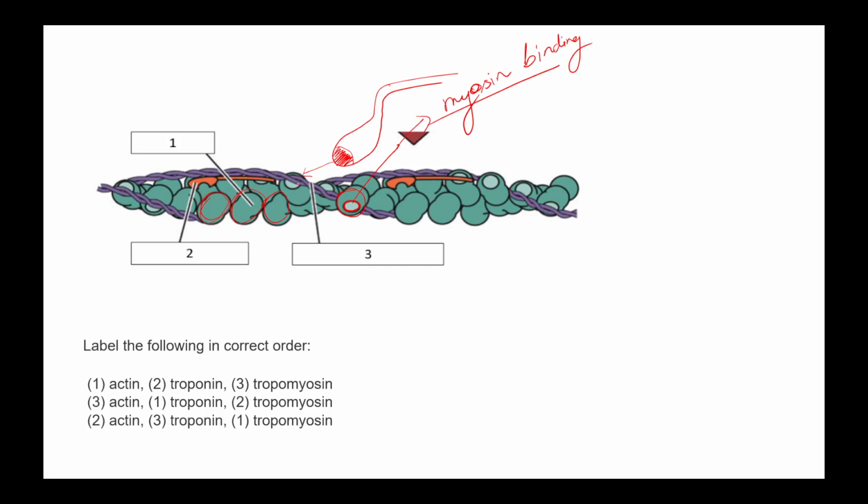So when the signal is not present, to avoid the binding of actin and myosin, tropomyosin traverses through the actin filament so that the sites for myosin binding remain blocked. Is it clear, or should I tell again? So tropomyosin's function is to block the myosin binding site on the actin.